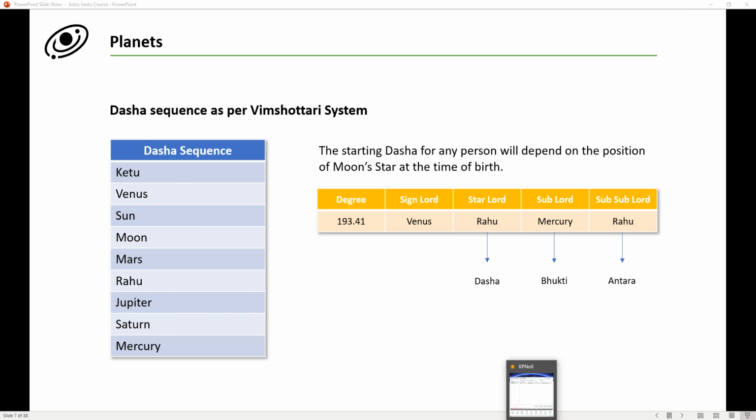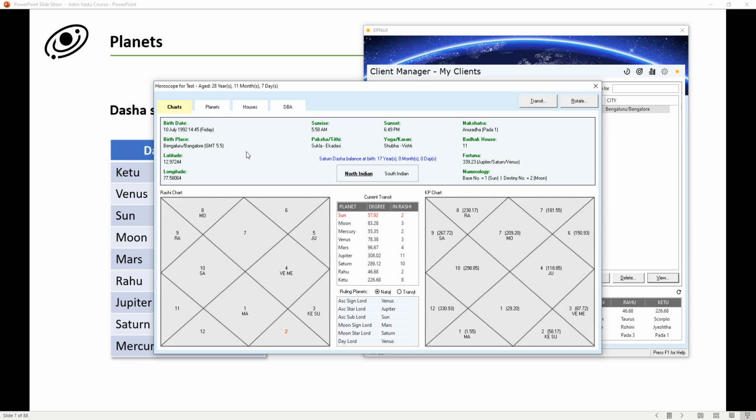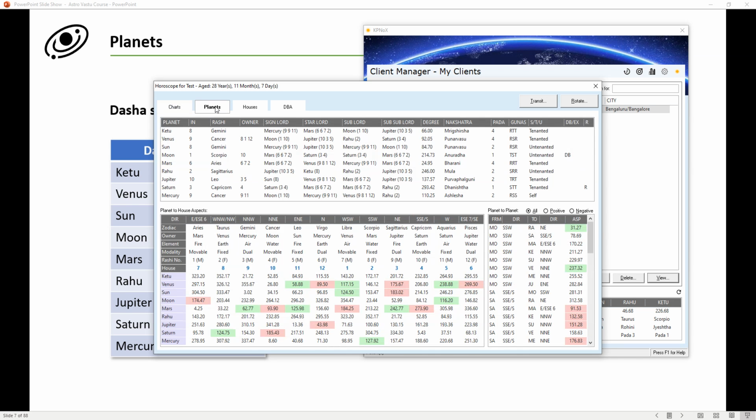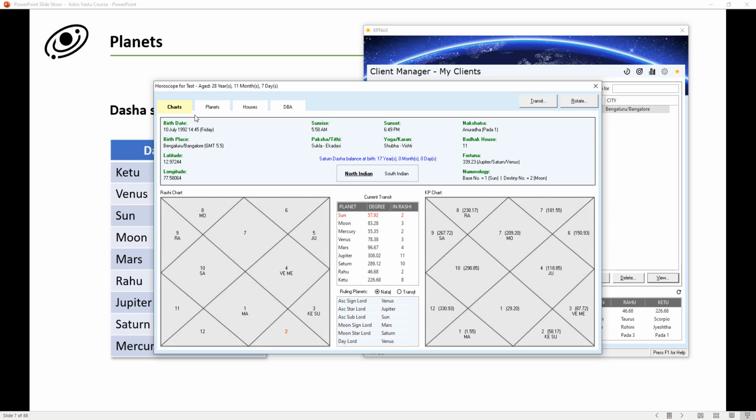Now let me go back to the example here. If you look at Moon, you can see that the star lord is Saturn, the sublord is Saturn, and the sub-sublord is Mars. So the starting Dasha, Bhukti, Antara for this native will be that of Saturn, Saturn and Mars. So let's see the date of birth here.